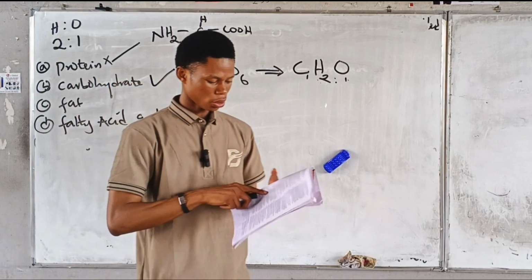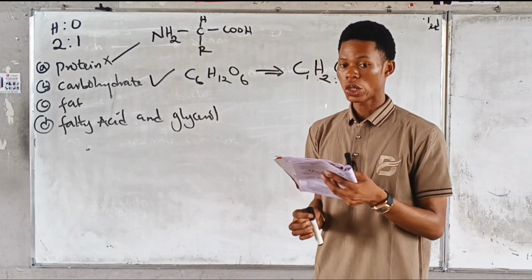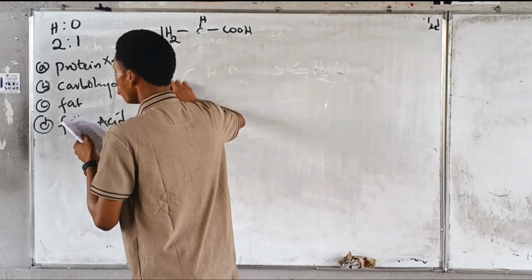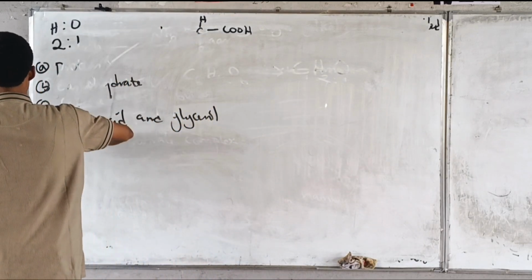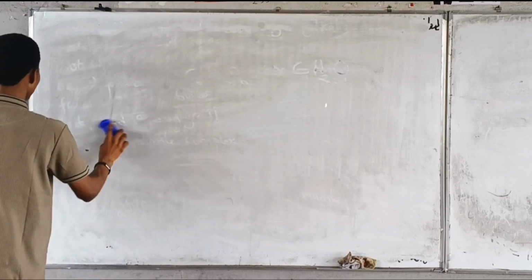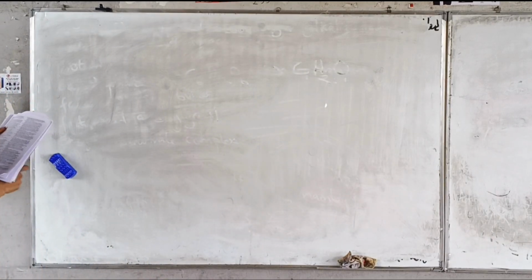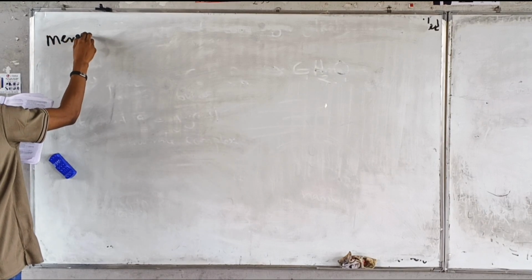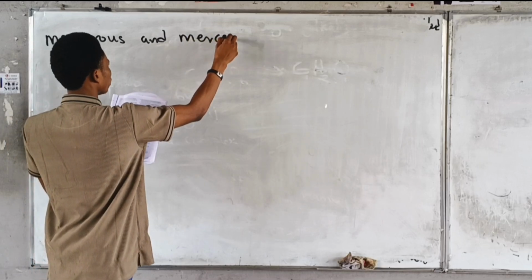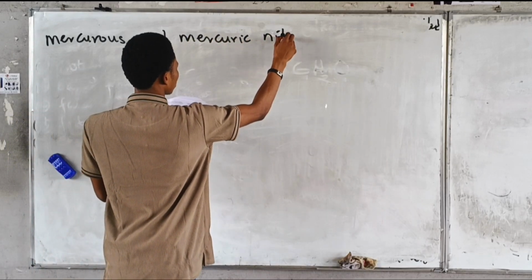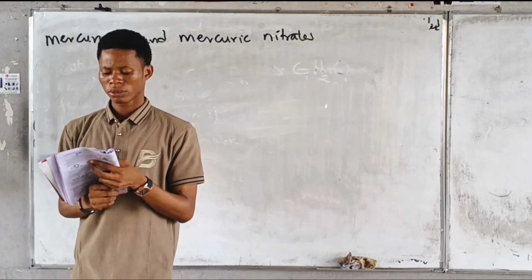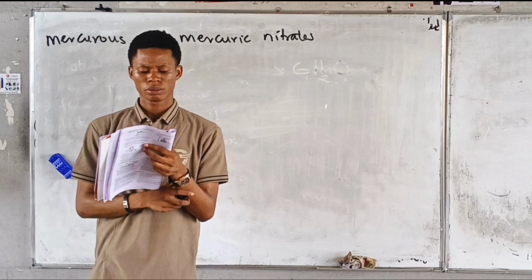The next question here. This one you have to take notes. This one I would like you to write it down. A mixture of mercurous and mercuric nitrates is added to a food substance.